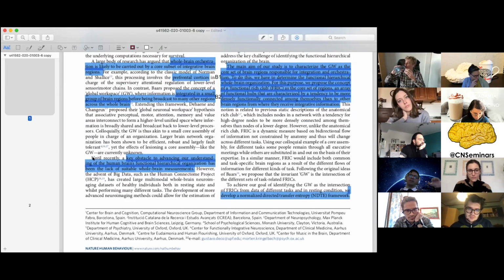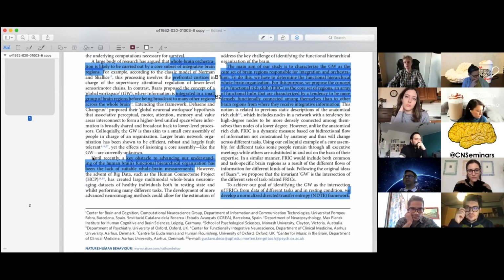But the problem is those are theories, and it was not really possible to test them until now because we didn't have enough data. In order to test that, you need hours and hours of acquisition in the same subjects. First, they have regions that activate whatever the function, and also look at the dynamic of the exchange between the regions with resting state, as well as eventually with tractography, look at what happens if you cut some of the wires.